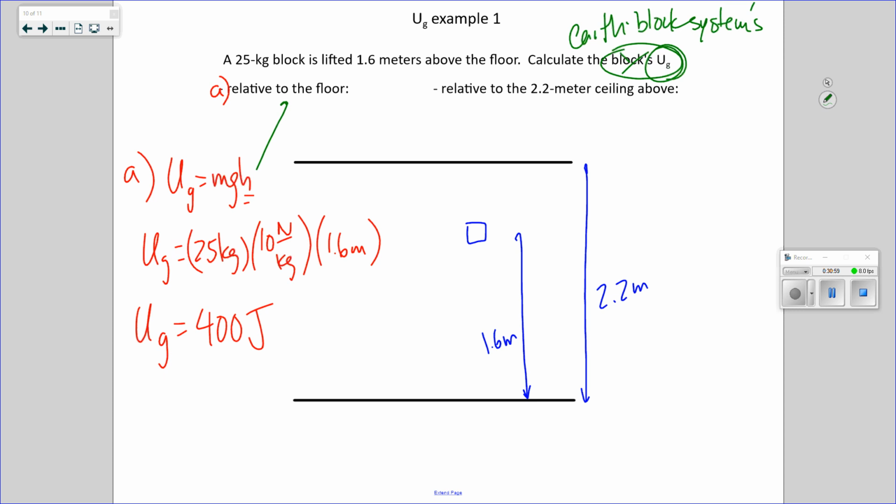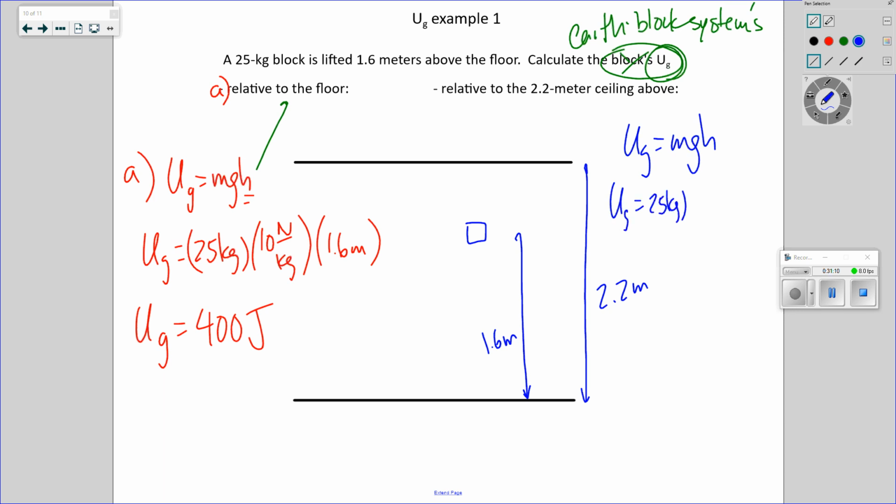Okay, so relative to the ceiling, look at this. If we say UG is mgh, UG is 25 kilograms, 10 newtons per kilogram. The height relative to the ceiling is, well, it's 0.6 meters below the ceiling.